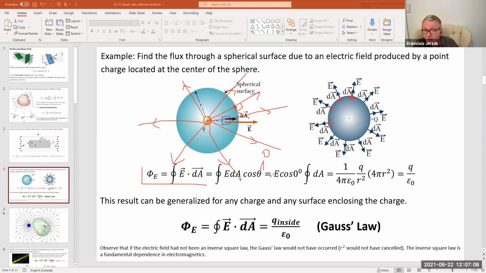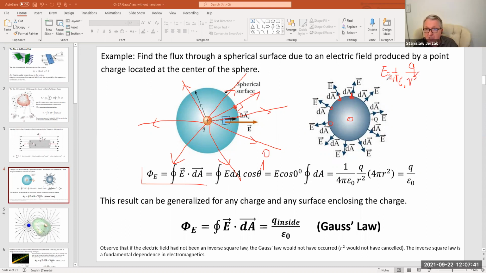And please listen carefully: because my charge is at the center of the sphere, the electric field produced by the point charge is given by E equals the Coulomb constant k, which I'm going to write as 1 over 4 pi epsilon 0, times Q divided by r squared.